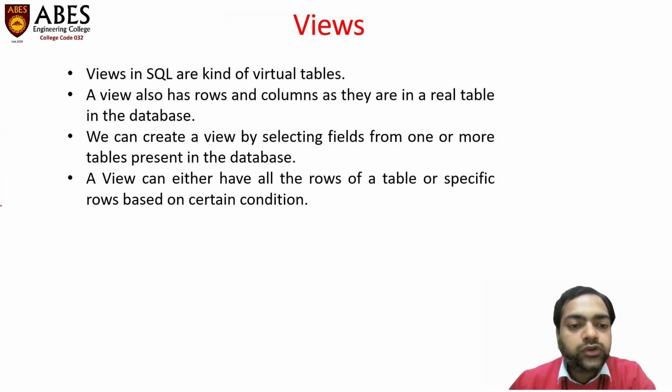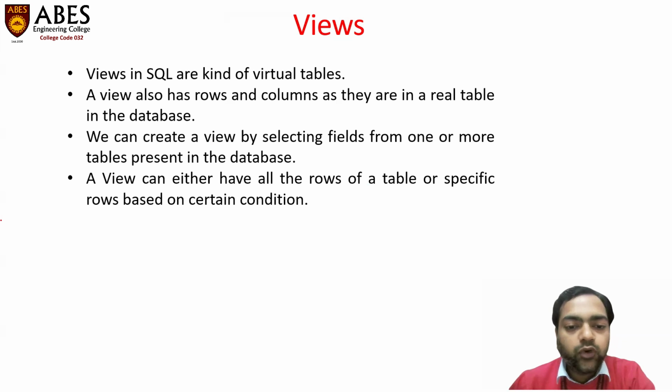A view also has rows and columns, just as they are in a real table in the database. As we know, it is a virtual table, so it has some rows and columns from the real table. We are basically extracting some rows and columns from the original table into this virtual table.